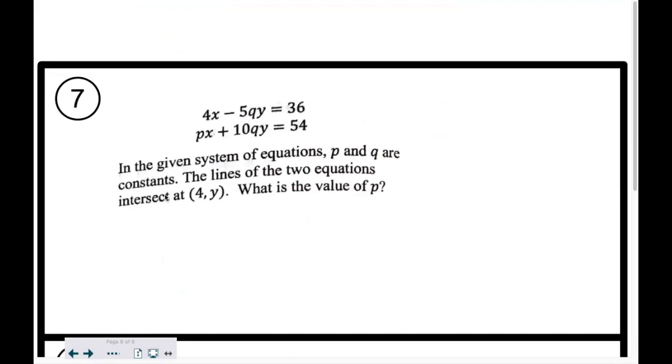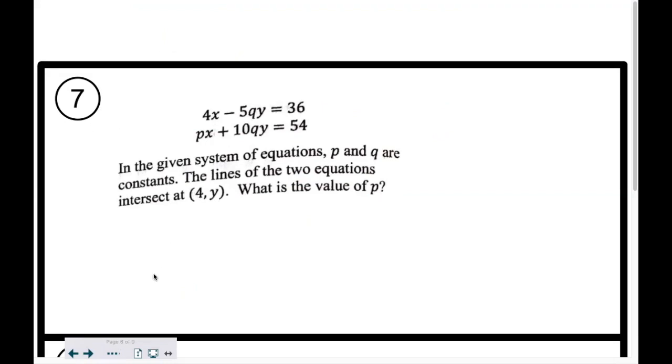This one looks confusing because I got a P, I got a Q, and I've got x's and y's. It says that the two lines intersect at 4 comma y, and they want the value of P. I'm not sure.